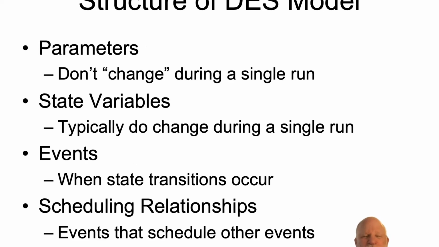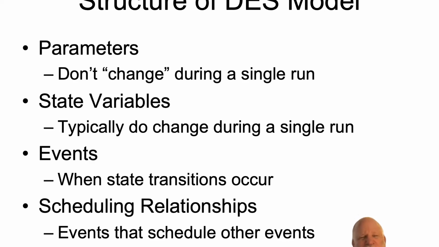So that brings us to the overall structure of a discrete event model. There are basically four pieces to this. We've mentioned state variables, but there are also parameters. We want to parameterize our models, and as we delve into this, you'll see why that is very useful.